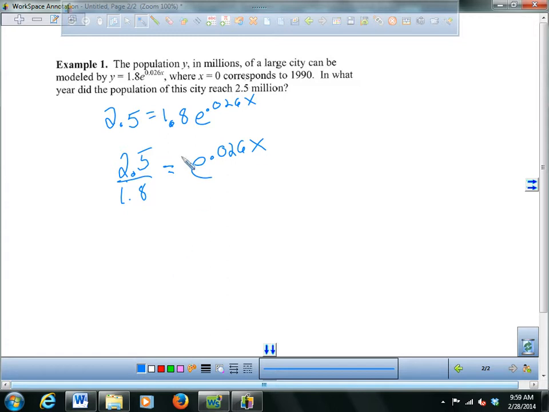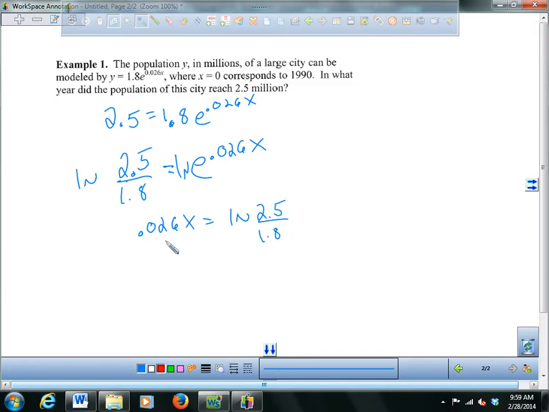You can take the natural log of both sides, because the natural log and e cancel each other out. So if I take ln of both sides, I get that 0.026x equals the natural log of 2.5 divided by 1.8.